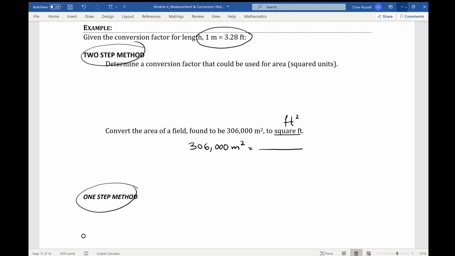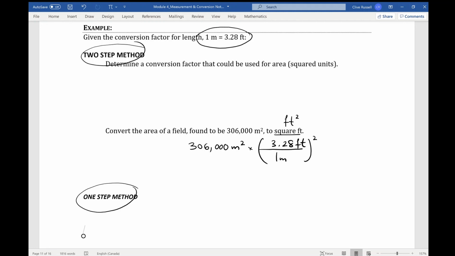If that were the case, we would put 1 meter there and 3.28 feet there. Now we run into a problem, because we can't cancel this meter with that meter squared. And in any case, if we did, we'd end up with feet and not feet squared. So what do we do? It's simple. We just square that side.